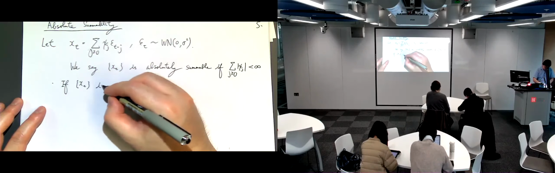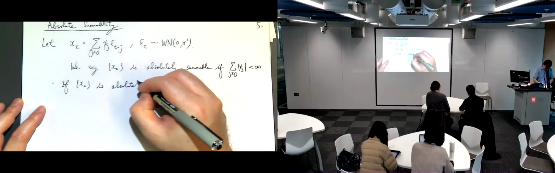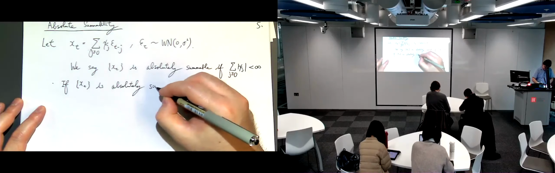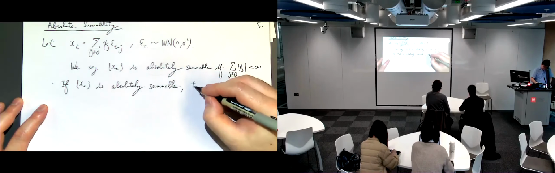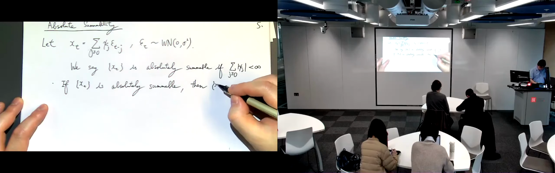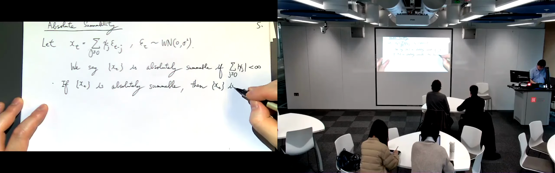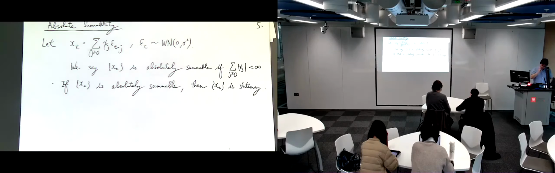If Xt is absolutely summable, then Xt is stationary. I think I provided a proof in the lecture notes as well, so try to do this as some kind of exercise.